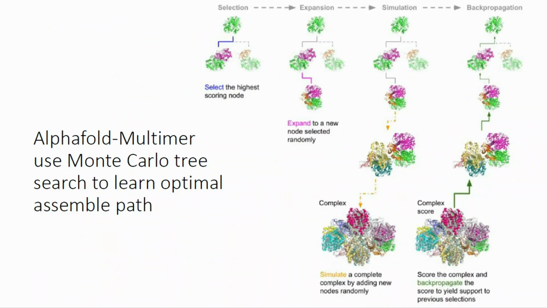So we use a similar reinforcement learning algorithm as in the earlier version of AlphaGo, the Monte Carlo tree search algorithm. We can learn the optimal assembly path by seeing a lot of assembled data and training with it. So we don't have to do this expensive, exponential search during assembly, and we memorize the policy by training with this reinforcement learning algorithm.